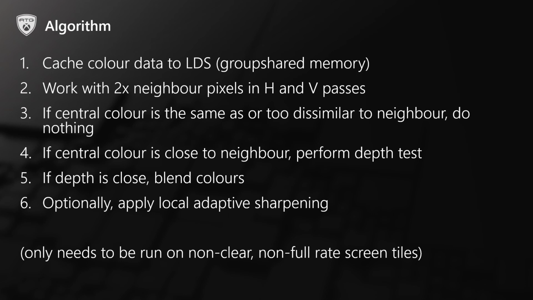So we're looking at a 3x1 kernel or a 1x3 kernel running over this data. If the central color is dissimilar to its neighbor, then we do nothing. If the central color is very close to its neighbor, both in terms of color and depth, then we blend the colors, possibly with some local sharpening. Otherwise we do nothing at all.